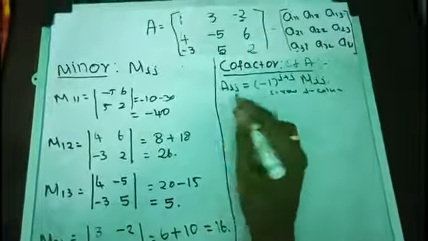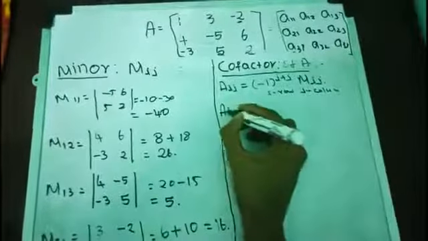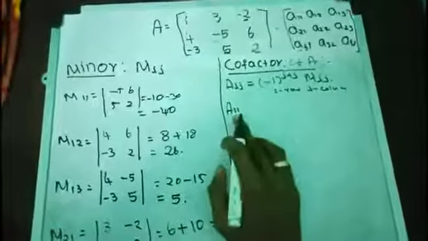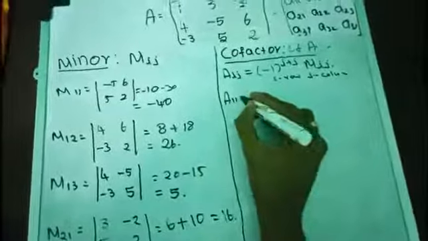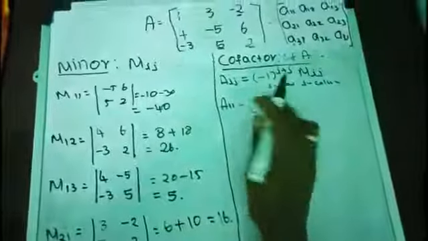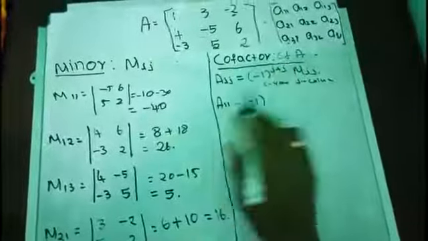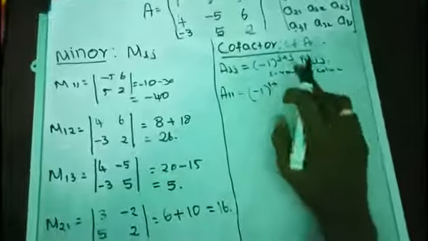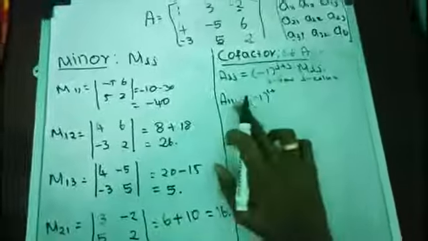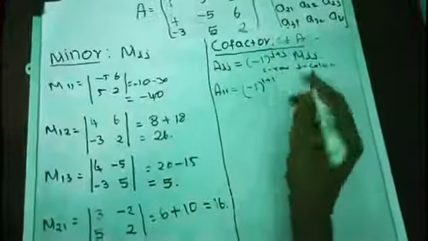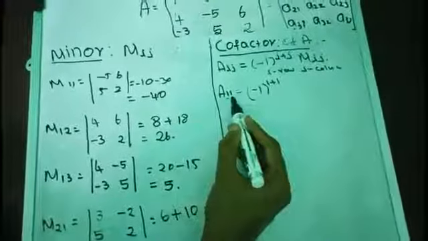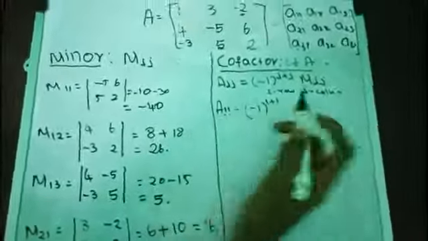So first, A11, that means first row, first column, which is equal to minus 1 power i plus j. What is the value of i here? 1. And the value of j is also 1. So this is i, this is j; just substitute i and j here.